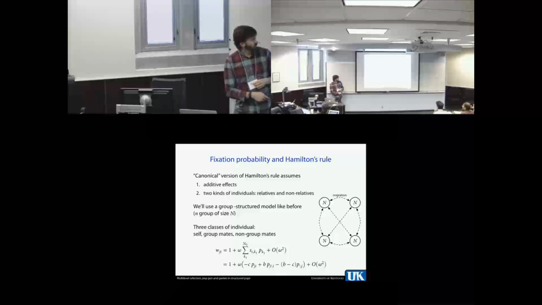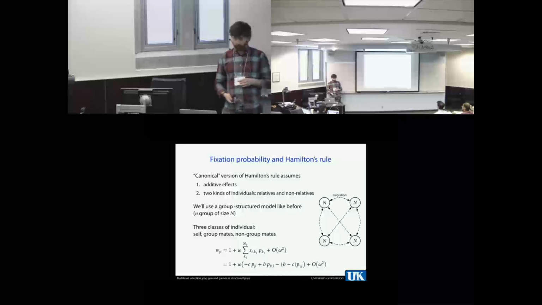So then the fitness of that individual is basically this weak selection measure. It's this cost, if it has the cooperator allele, the benefit times the frequency of the other individuals in its group who cooperate, and then this last term is the effect of essentially competition with other individuals in other groups who were sending migrants into that group.